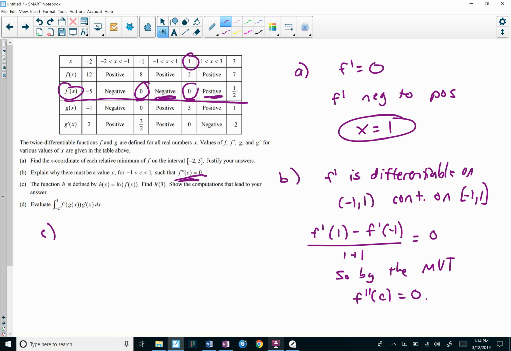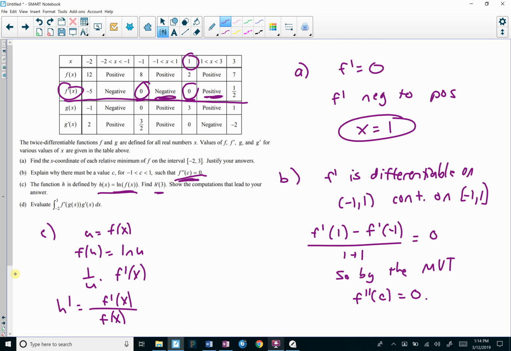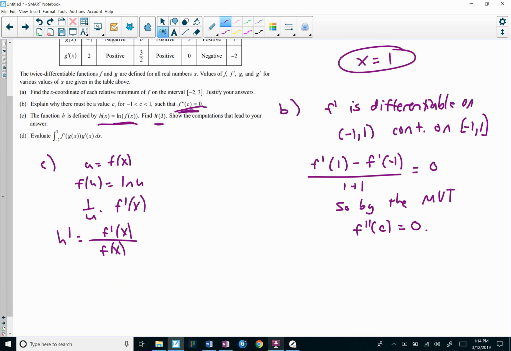Okay, part C, I think we should definitely get. We have h is this, find h prime of 3. So using the chain rule, let u be f of x. Natural log of u, so we have 1 over u, f prime of x. So h prime is actually f prime of x over f of x. Now we are evaluating at 3.